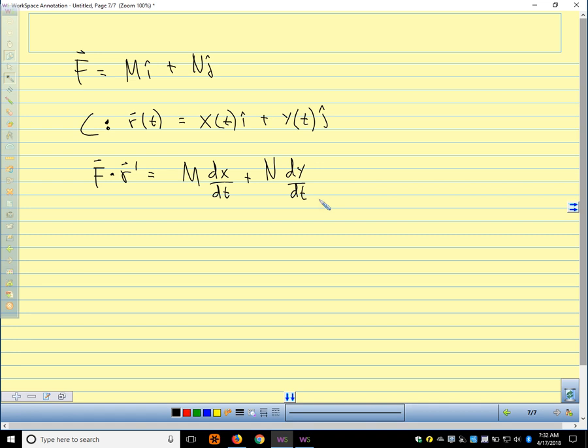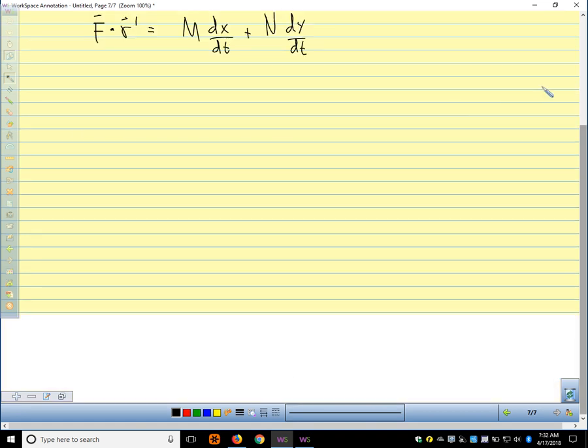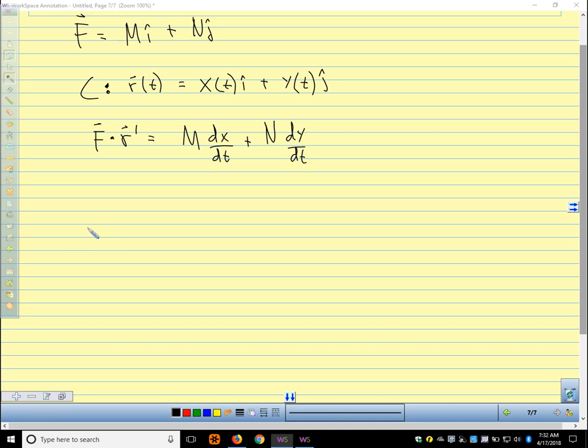When we do that dot product, our line integral f dot dr becomes the integral over our curve of m dx/dt plus n dy/dt, dt.